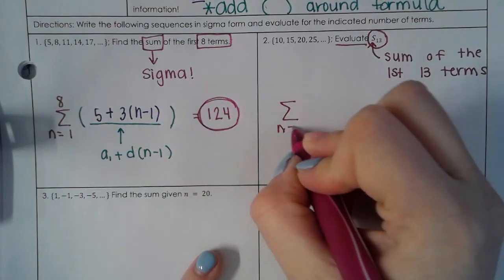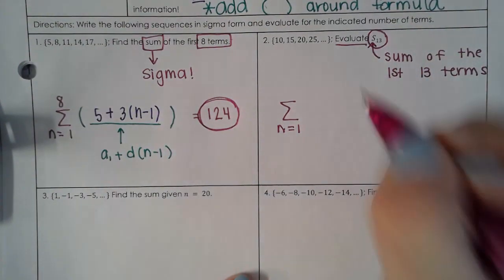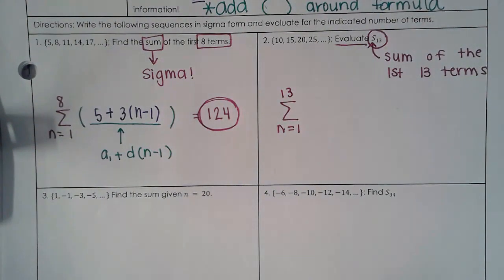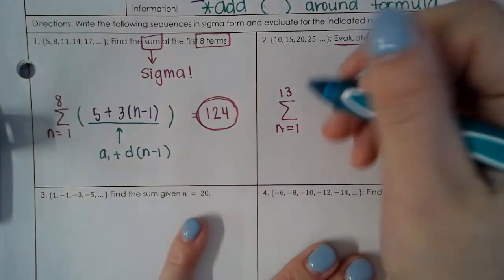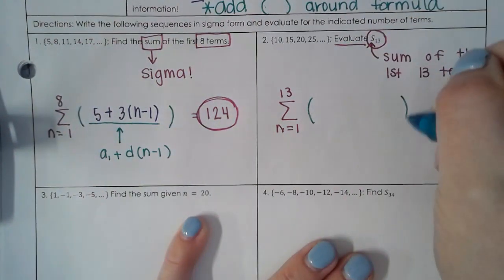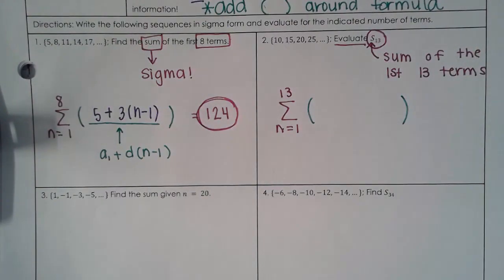N equals 1 is going to go on the bottom. 13 is going to go on top because I'm finding the sum of the first 13 terms. Go ahead and put those parentheses so that you remember to type them into Desmos.